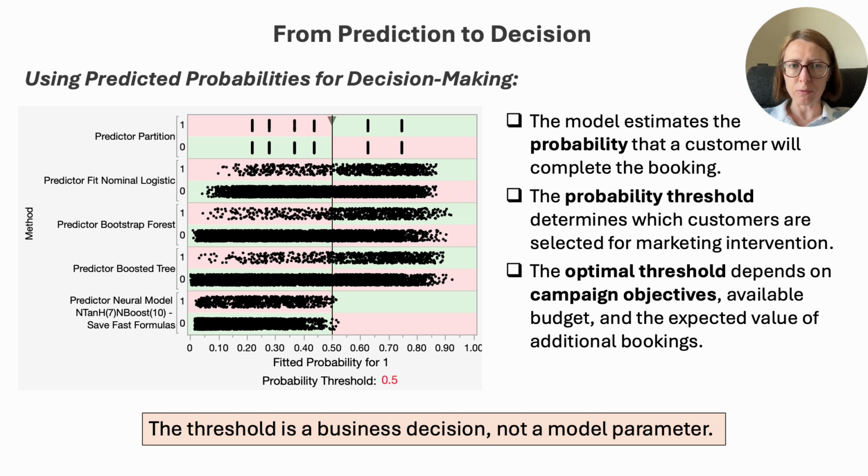A higher threshold reduces costs but may miss customers who could still be persuaded to book. For this reason, there is no single correct threshold. It should be selected according to the campaign objective, the available budget, and the expected return on investment.